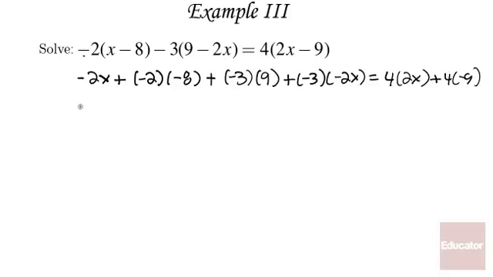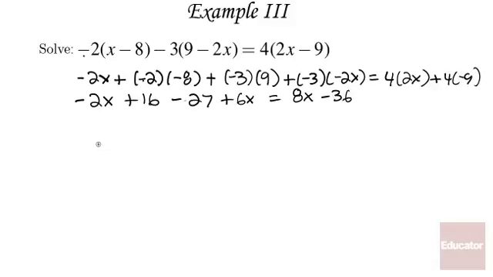So multiplying everything out to simplify, negative 2x, and then negative 2 times negative 8 gives me positive 16. And then I have negative 3 times 9, so that's actually a negative, so it's negative 27. Negative 3 times negative 2x, that's positive 6x, equals 4 times 2x is 8x, 4 times negative 9 is negative 36.